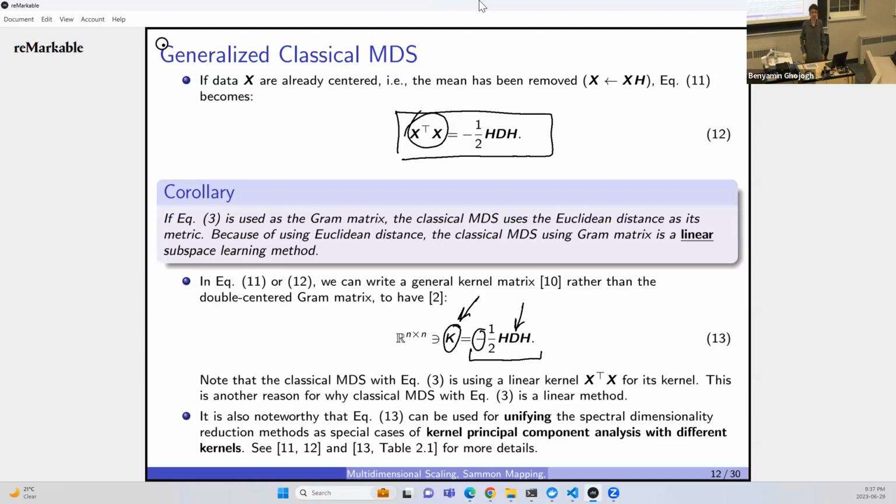But in another algorithm, someone might change it to geodesic distance on the manifold, a curvy distance. Someone else may want to use some other distance metric. When you put different distance metrics in this formula, you end up with different algorithms. Very interesting. So it is used for unifying spectral methods.